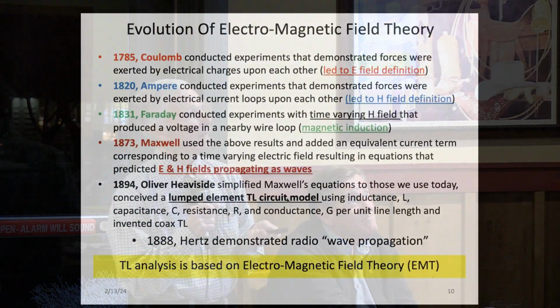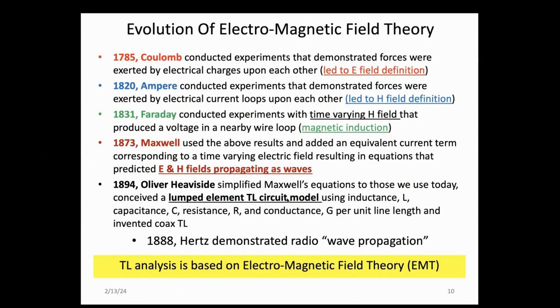In the 18th and 19th century, there were 3 critical experiments that were performed that founded the basis for electromagnetic theory. Coulomb conducted experiments that demonstrated that electrical charges exerted forces on each other, and that led to the definition of the electric field.